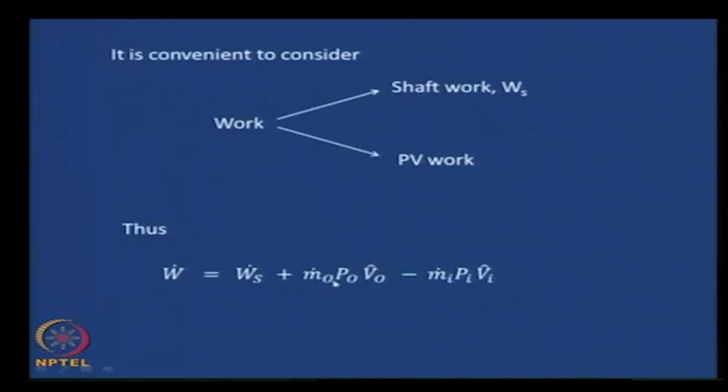You can work out the units here. If you multiply it by the mass flow rate of the outlet stream, you get the rate of work interaction that crosses the system boundary due to PV work. Similarly, this is the rate of work interaction that crosses the system boundary into the system through the inlet streams. We will call this equation 262.